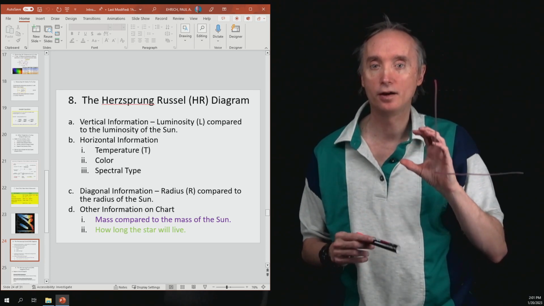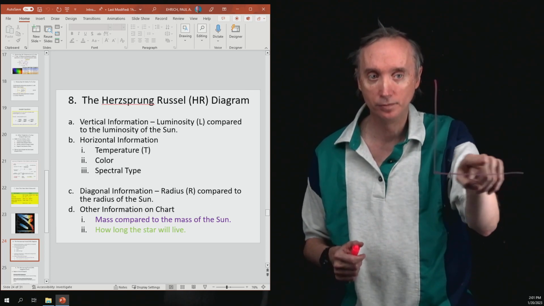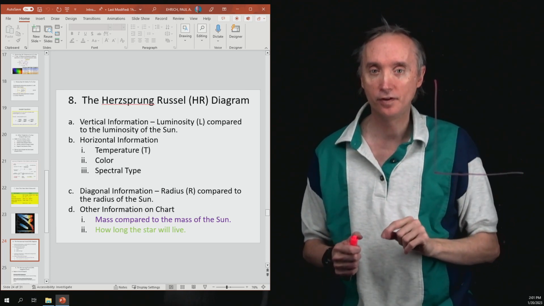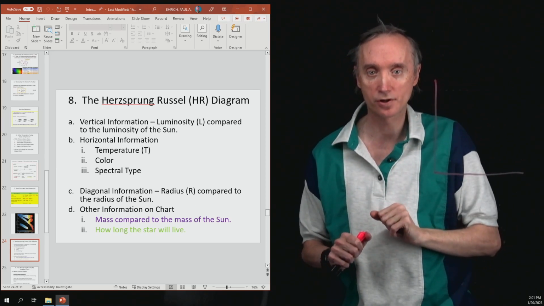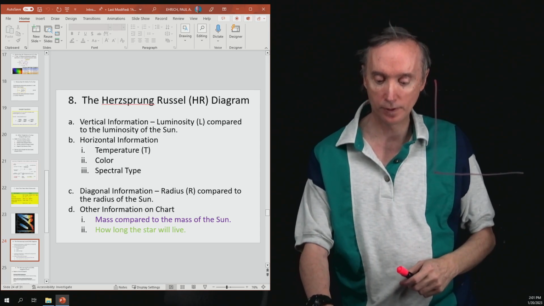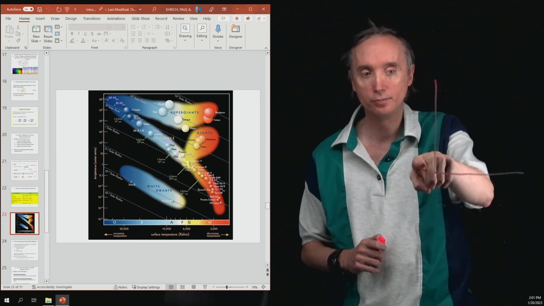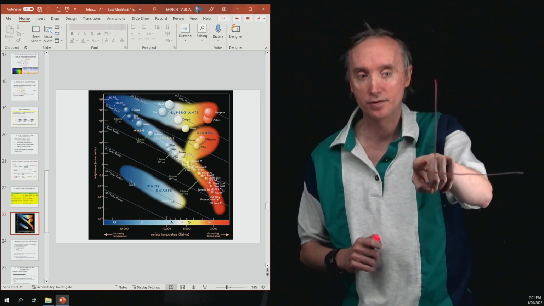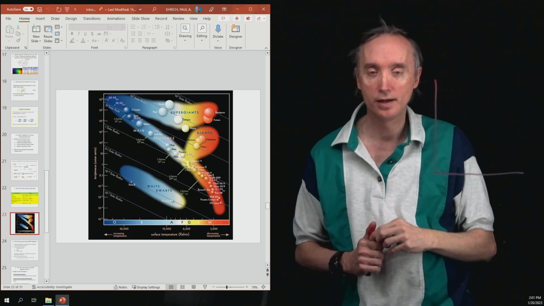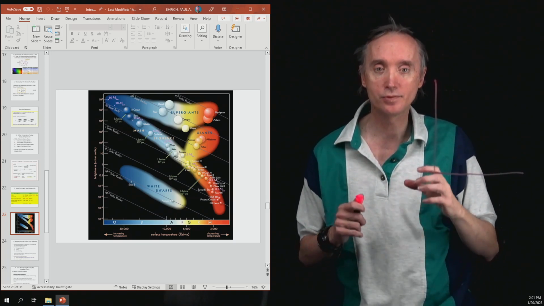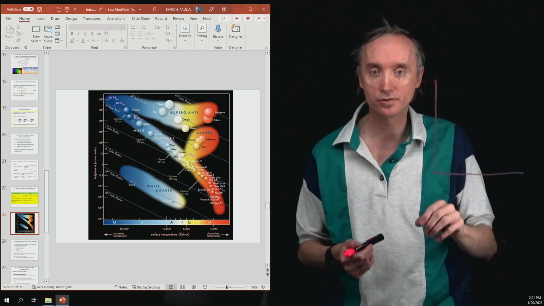The very dim stars are going to be at the bottom of the chart, and the very bright stars are going to be at the top of the chart. You'll see that there are numbers going up and down, the small numbers down here and the big numbers up at the top. That's how many times brighter these stars are in comparison to the sun.